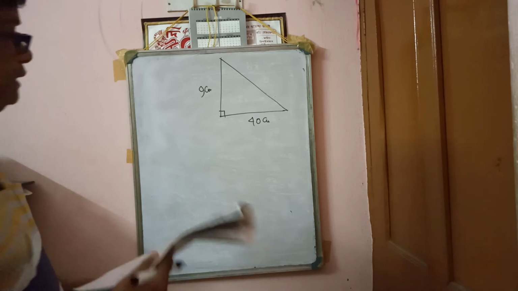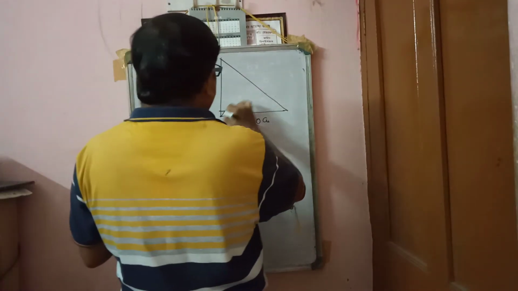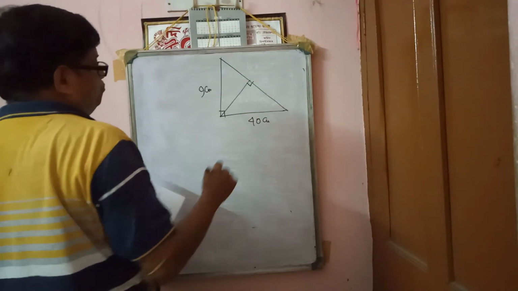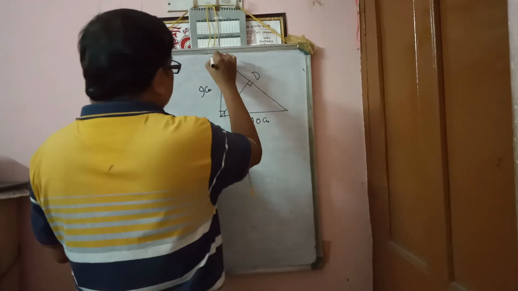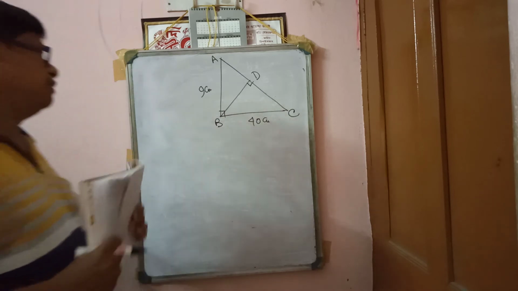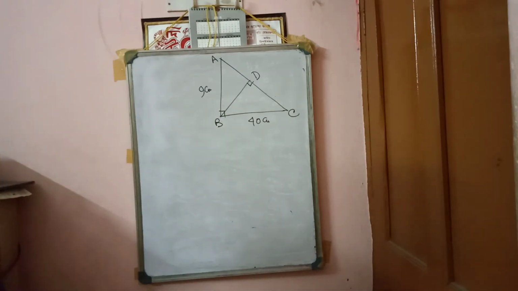Okay, and BD is given. This is perpendicular, BD is perpendicular to AC. Find the value of BD.